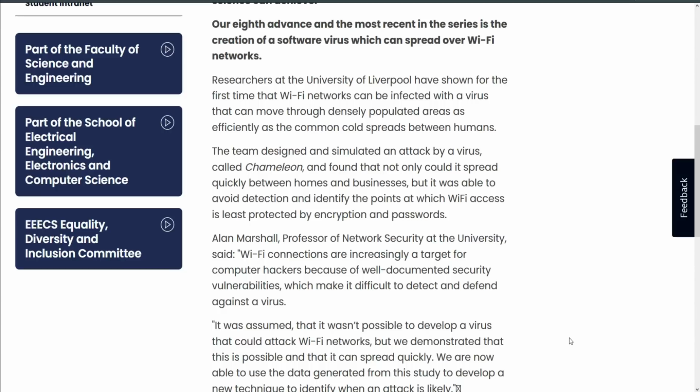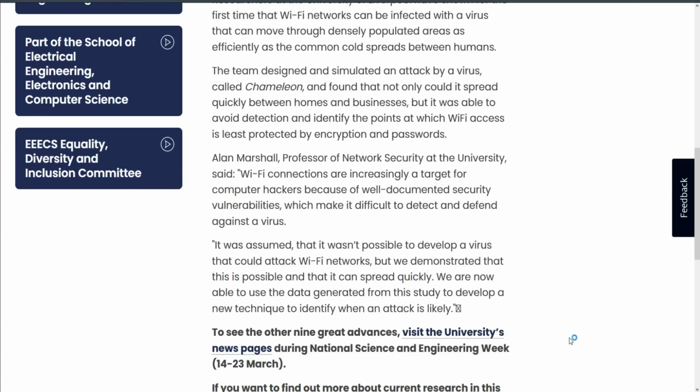Alan Marshall, Professor of Network Security at the University, said Wi-Fi connections are increasingly a target for computer hackers because of well-documented security vulnerabilities, which make it difficult to detect and defend against the virus. It was assumed that it wasn't possible to develop a virus that could attack Wi-Fi networks, but we have demonstrated that it was possible and it can spread quickly.